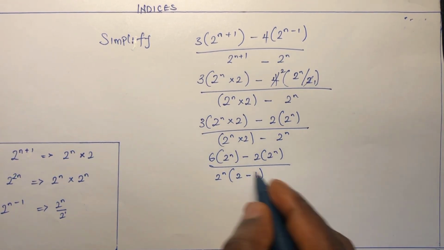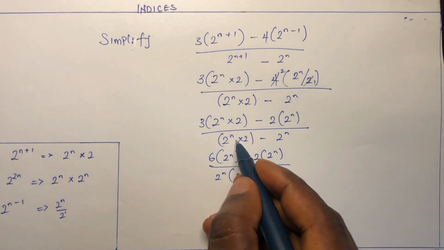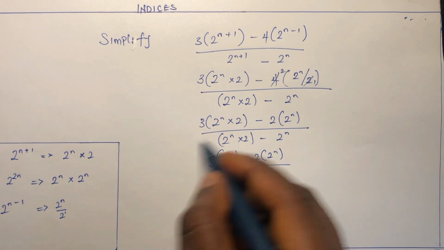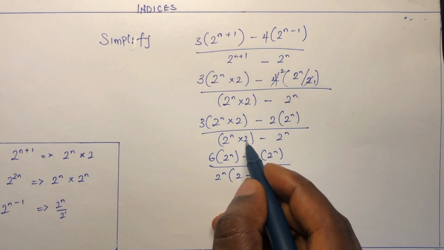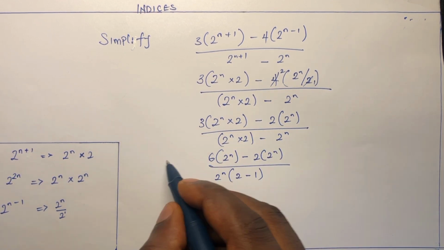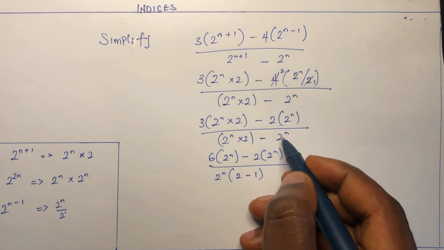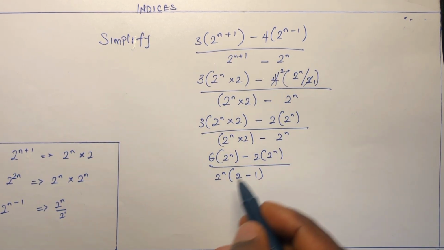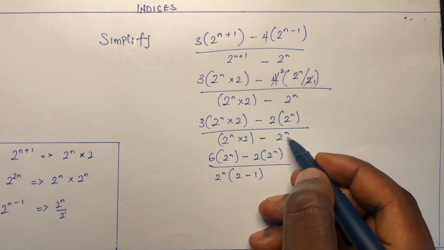Now, in this denominator, I have successfully factorized 2 power n out of this whole thing. Remember, we have a subtraction sign, so I need to replace the second term with 1, so that when we multiply back, we have the same 2 power n.